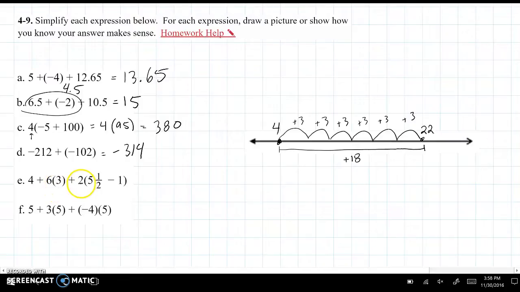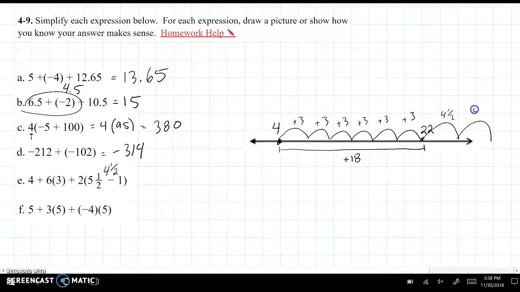And now I'm going 2 hops of 5.5 feet, but -1. So 5.5 minus 1 is 4.5. So I'm going 2 4.5 foot hops. So I'm at 22 feet. And I'm going to go, oh, here's 4.5.